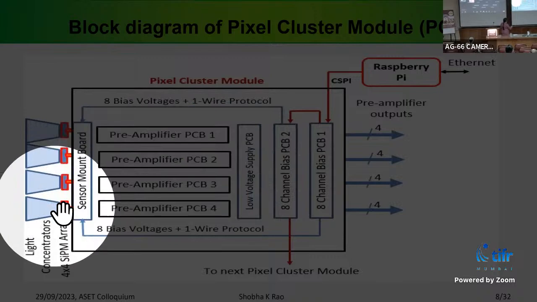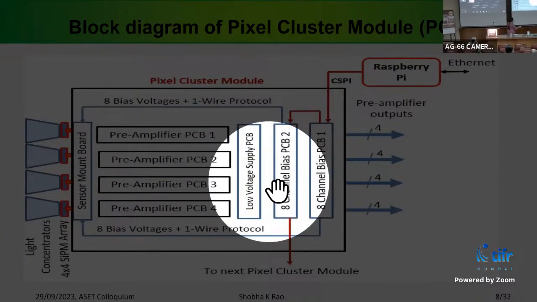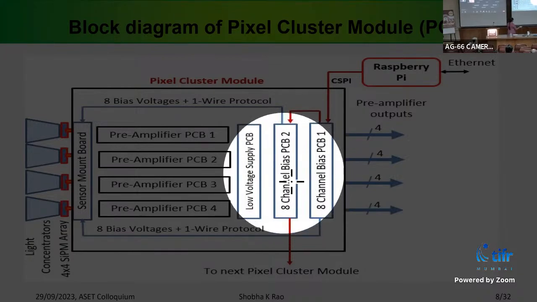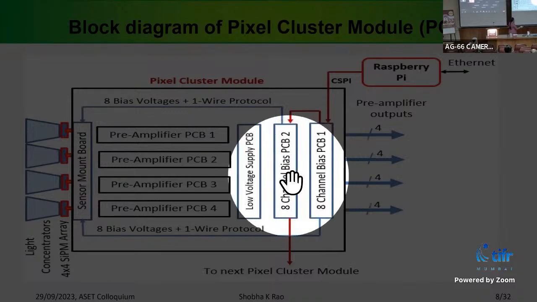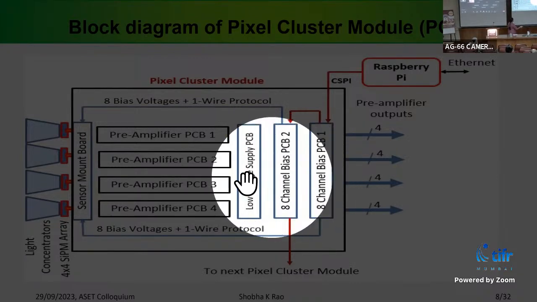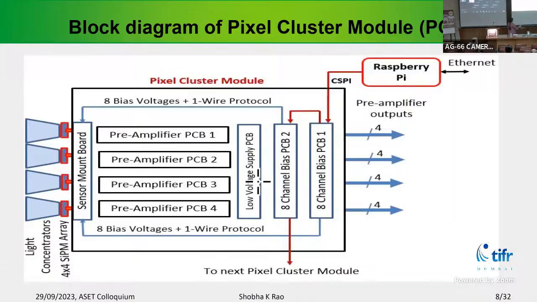The sensor has to be biased, and we have a somewhat complex biasing system, which I'll talk about in detail, and then the low voltage power supply. And the outputs from the preamplifier, which are in voltage, will go to the back end.